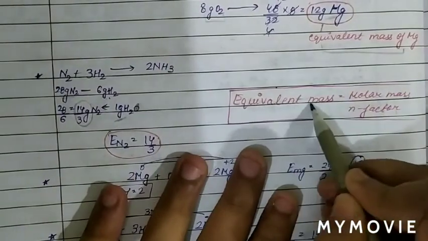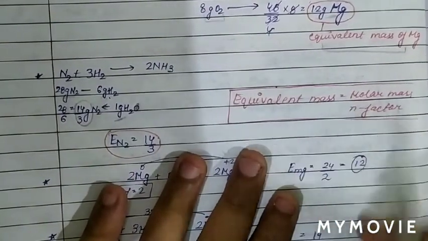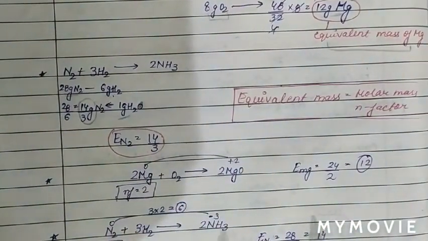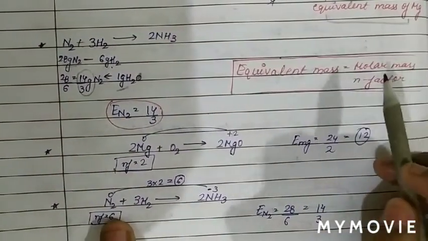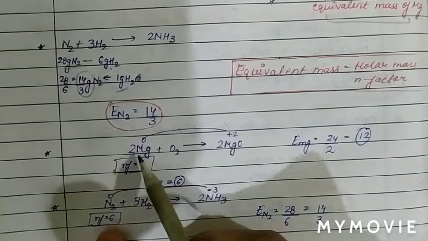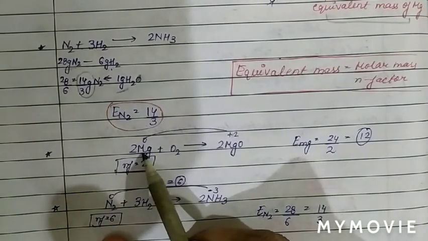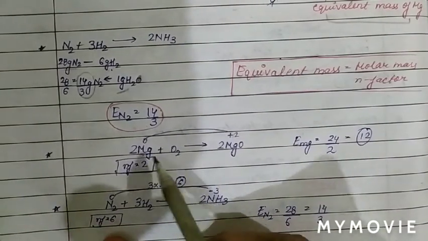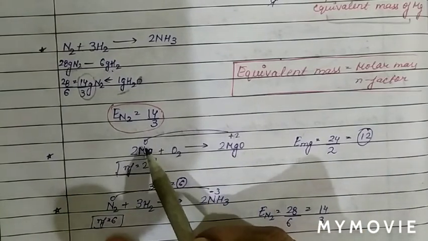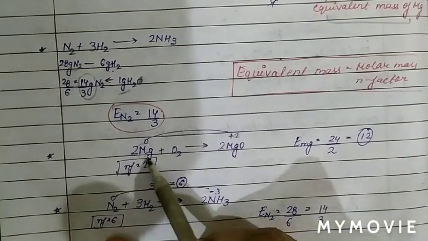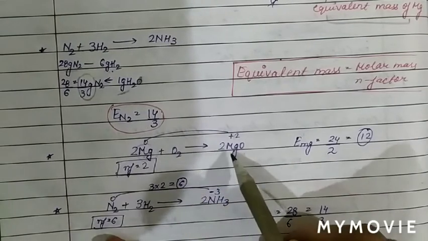We can also say the equivalent mass is equal to molar mass divided by N factor. For example, if we have to find the equivalent mass of magnesium, see, when magnesium combines with oxygen, it forms magnesium oxide. So magnesium in standard form has oxidation number 0.